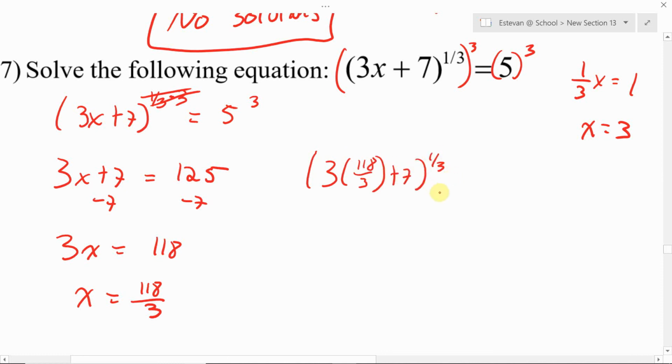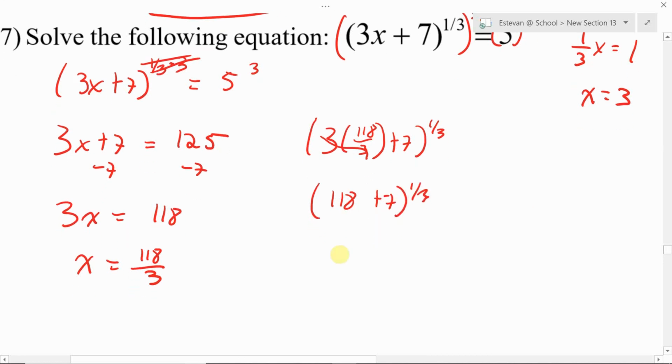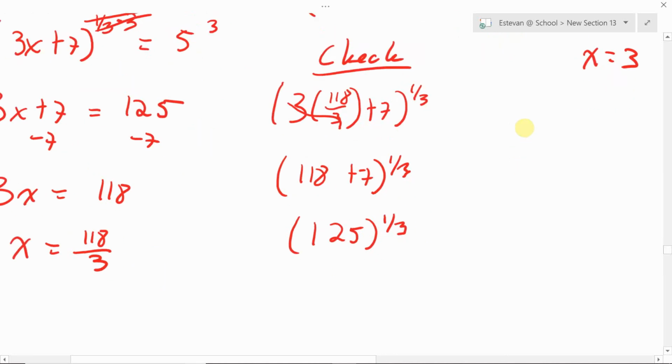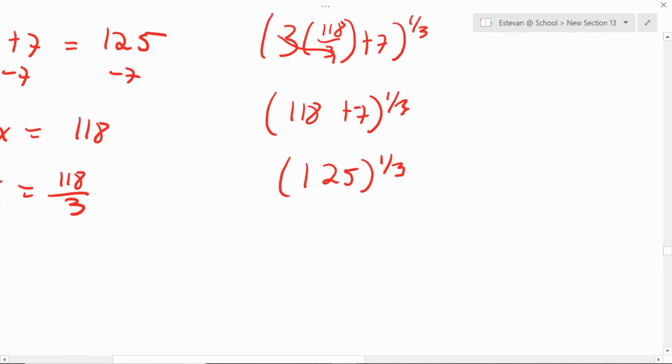Type this into your calculator. The 3's will cancel, leaving you with 118 plus 7 raised to the 1/3. That results in 125 raised to the 1/3. By the way, I'm just checking my work. When we have a fraction as an exponent, I'm going to convert that to radical form, with the index being the denominator.